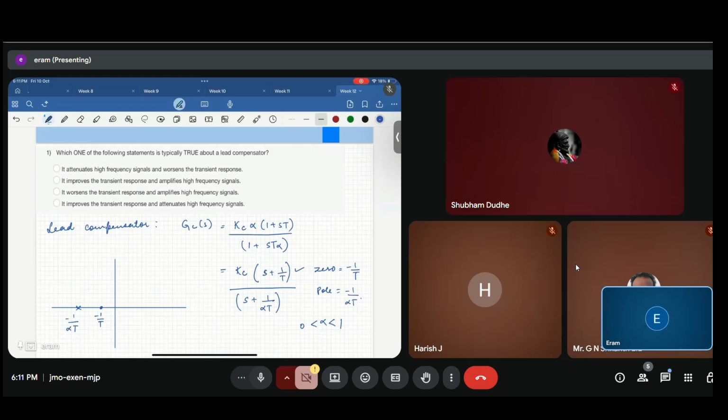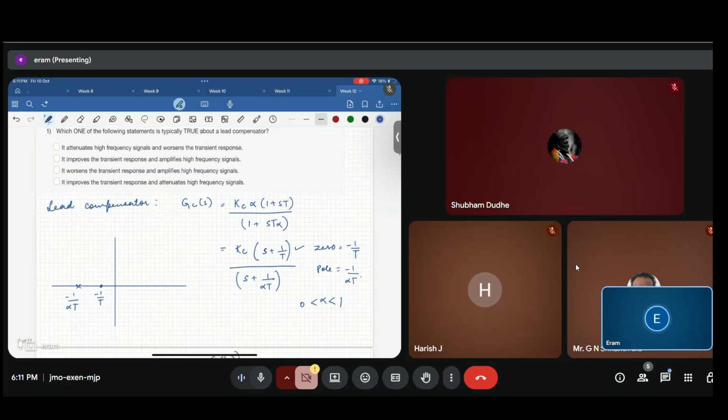Now from the pole-zero location, what can we observe? We can observe that we have a pole in the left half plane, and it is farther away from the zero. If we have a pole in the left half plane which is much farther from the imaginary axis, then what can we say about the damping ratio? Will it increase or decrease?